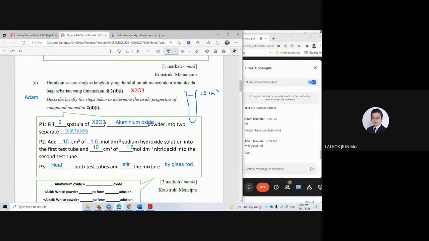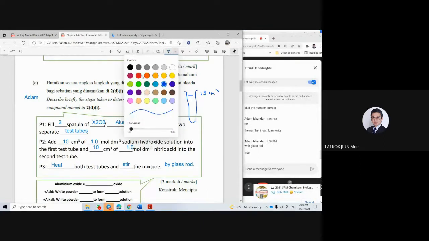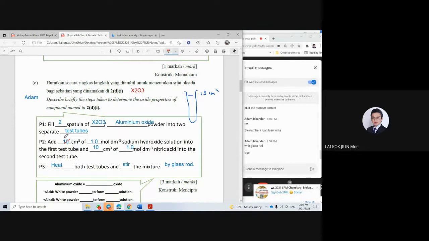I think we can reduce, because we just want to do a very simple test. From the reference book, they are using 5 cm cube, enough. So we try to reduce by half, and we make it a little bit less. And the spatula, maybe they don't want to waste the chemical.